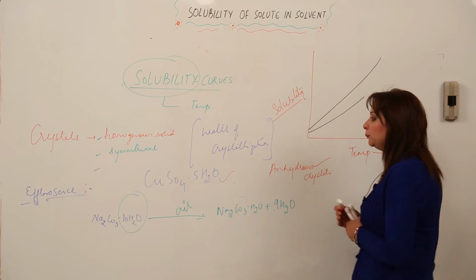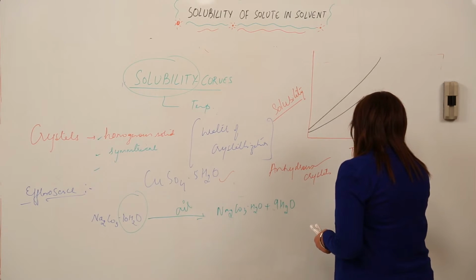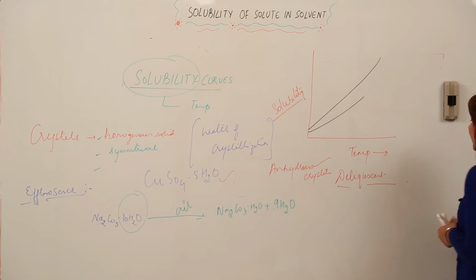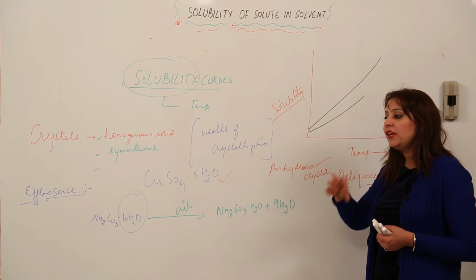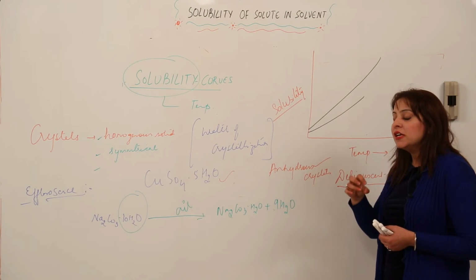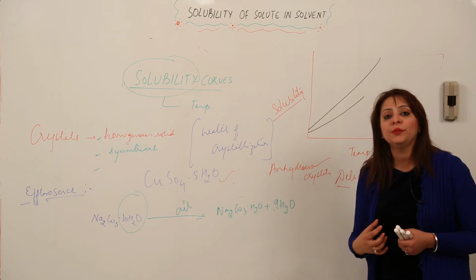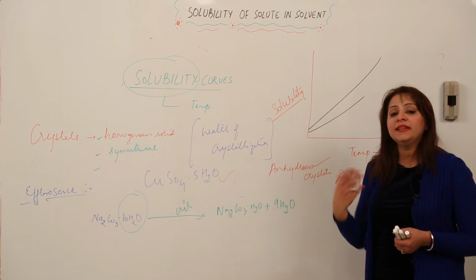Now the other term which I want to tell you is deliquescent. Deliquescent substances have a tendency, when we keep them in the atmosphere, to absorb moisture from the air, and when they absorb the moisture, they change their state.